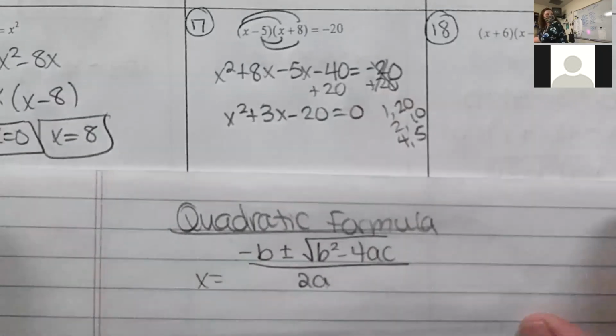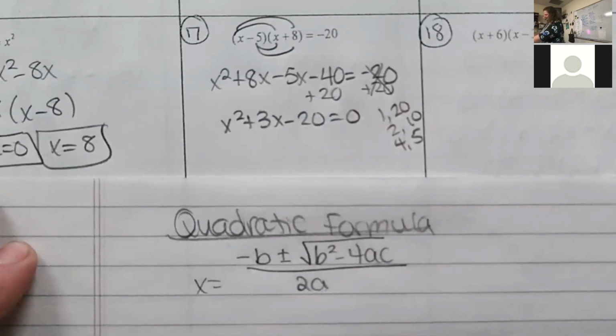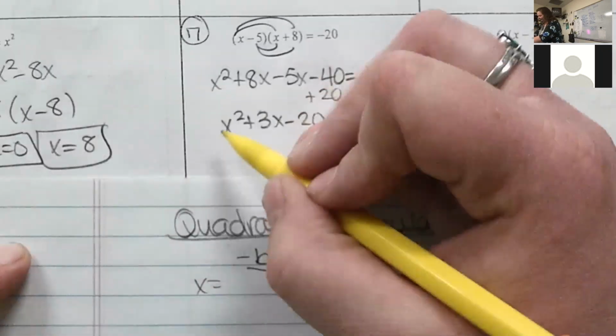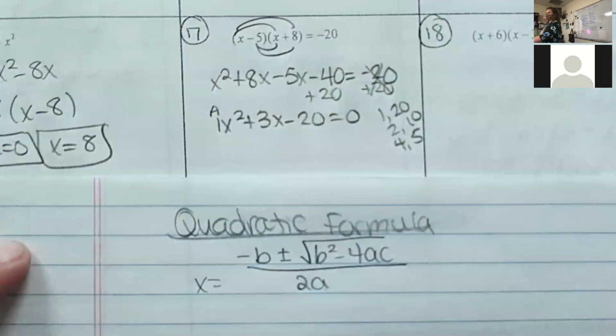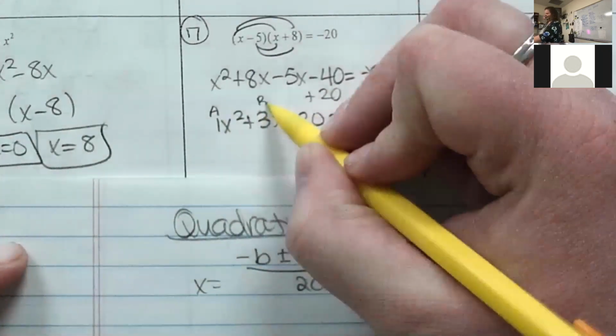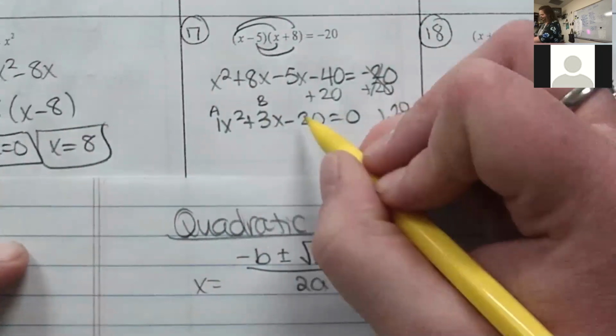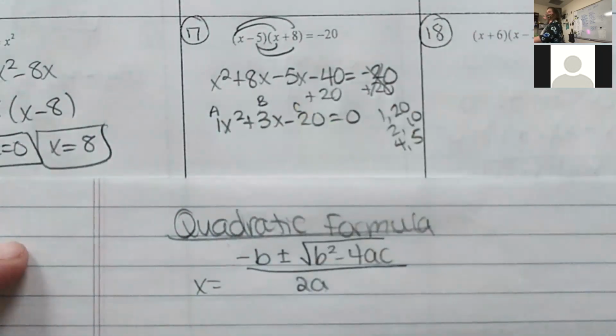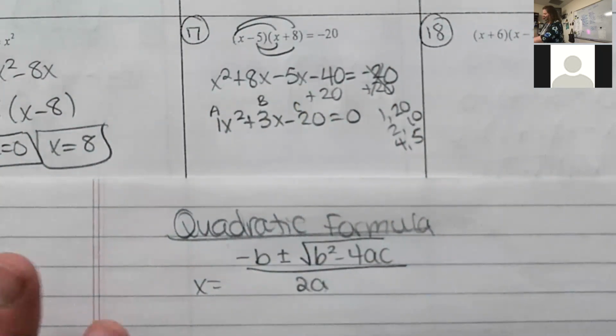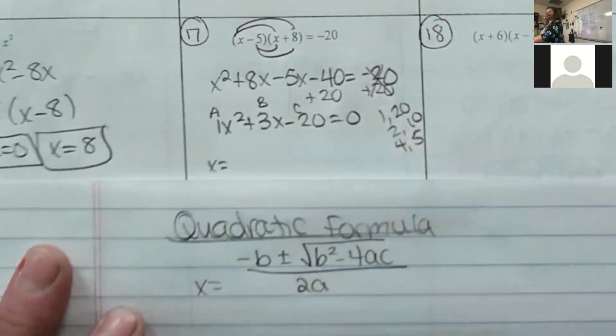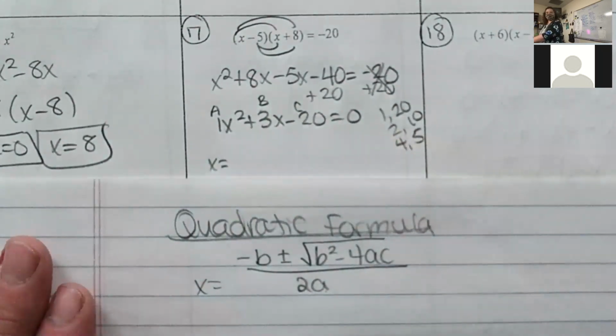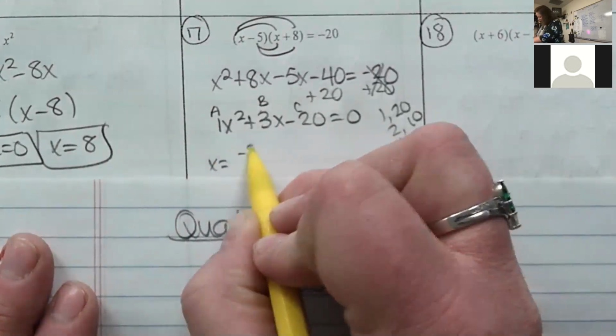I love it so much. All right, a is in front of the x squared, which is a 1. B is 3, C is negative 20. Okay, here we go. x equals negative b, so negative 3, good.